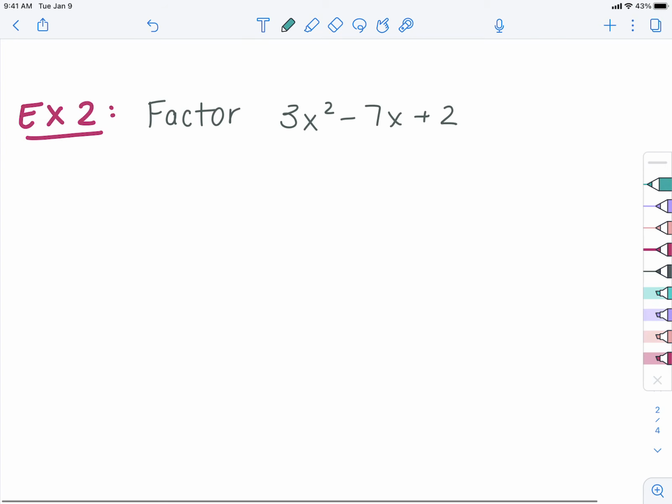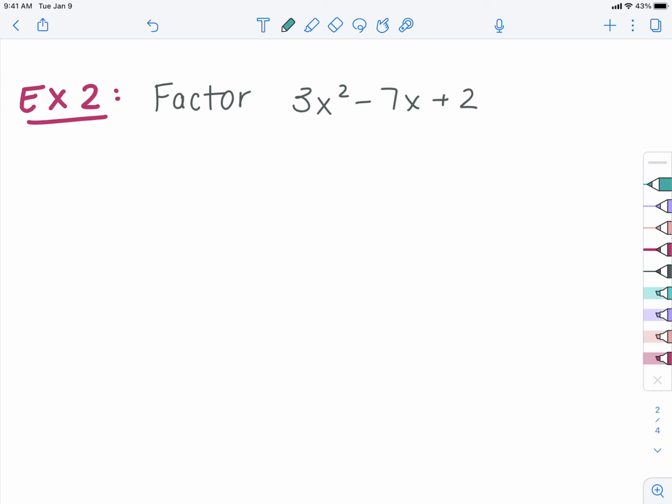Let's factor 3x squared minus 7x plus 2. So again, now we want factors of 3 and positive 2.